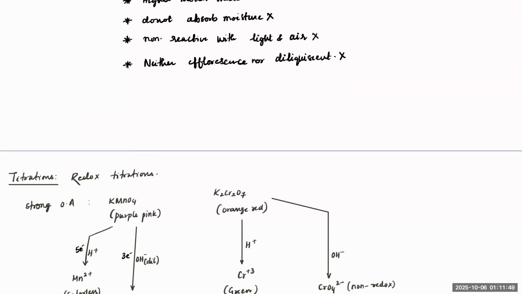Examples being Na2Cr2O7, KMnO4. Got it? H2O2. Okay. And HIO4. Sorry, Na2S2O3. Na2S2O3, clear? Dot 5H2O. These kinds of cases. Clear?